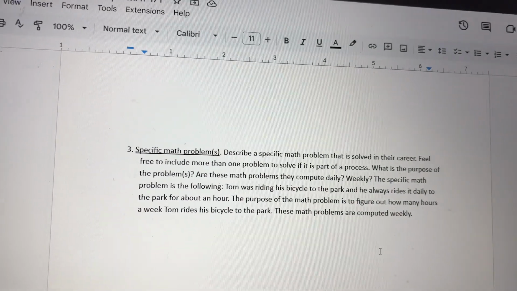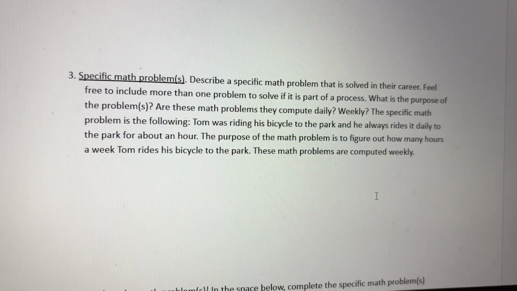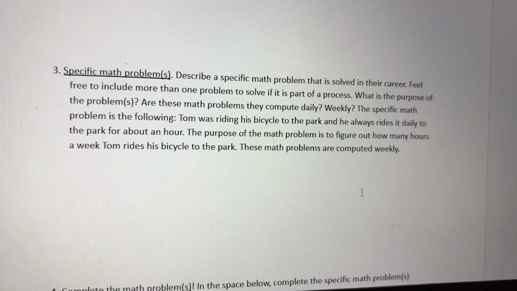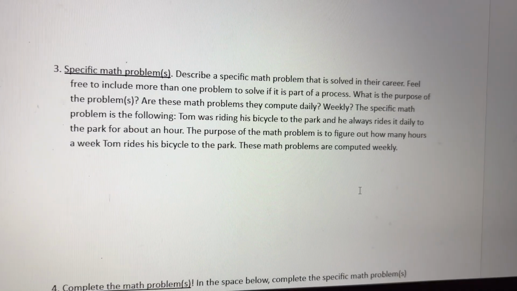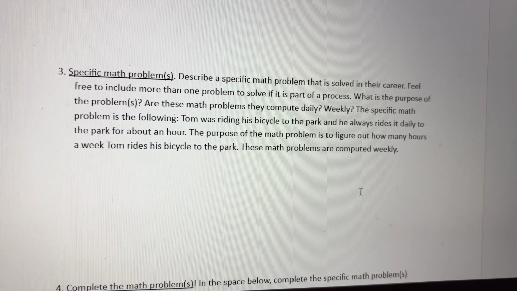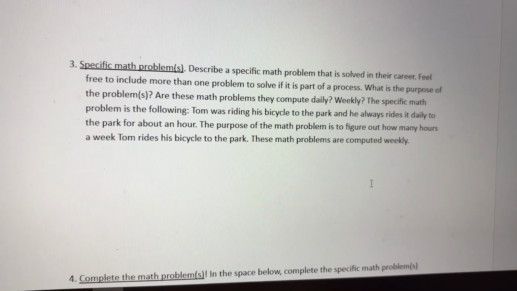And so, the math problem right here, as y'all can see: Tom was riding his bicycle to the park, and he always rides it daily to the park for about an hour. The purpose is to figure out how many hours a week he rides his bicycle to the park.